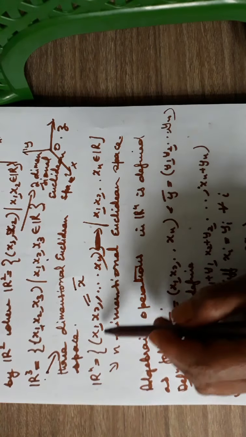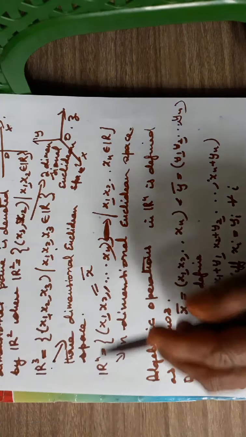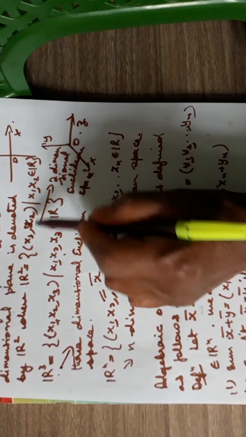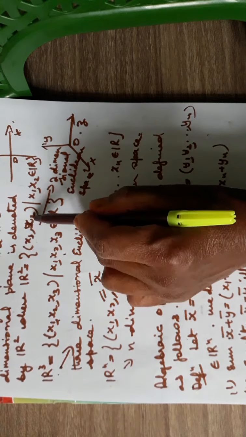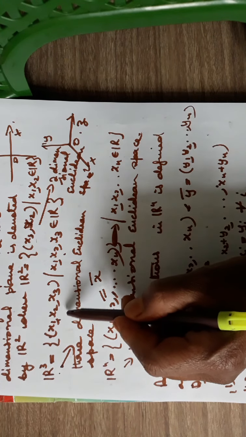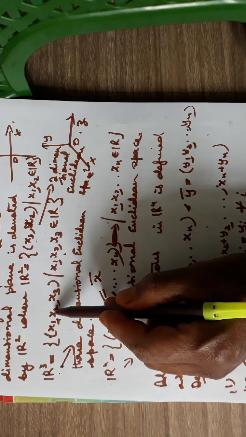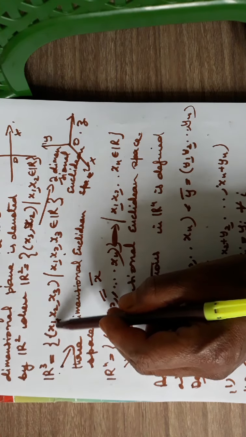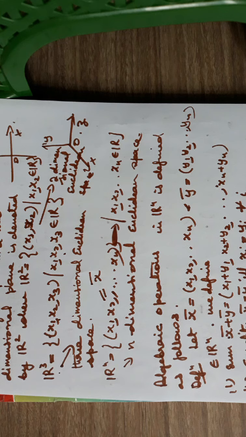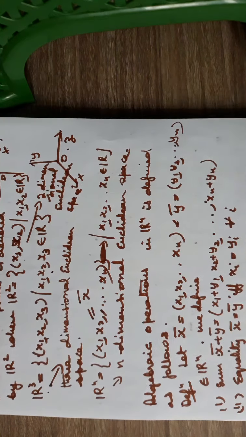Points or vectors here, this set of n points, we denote by x bar, say, which is (x1, x2, ..., xn). For 3 points, this can be denoted as x bar equal to (x1, x2, x3), an ordered set of 3 real numbers.